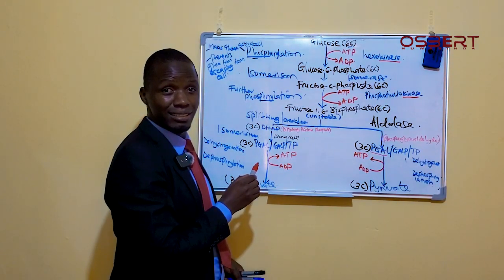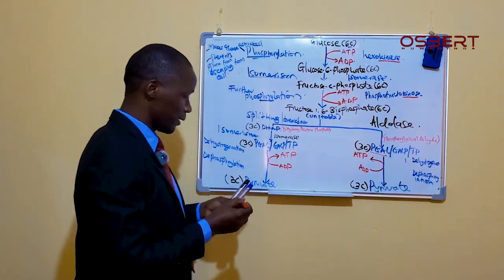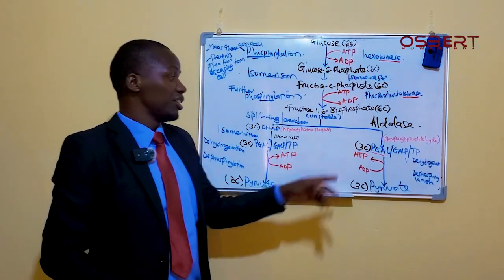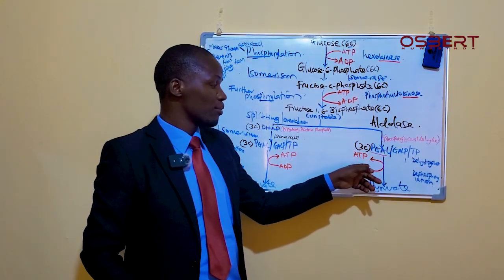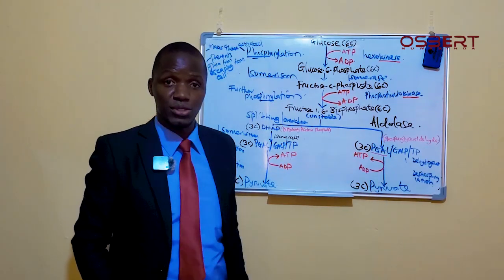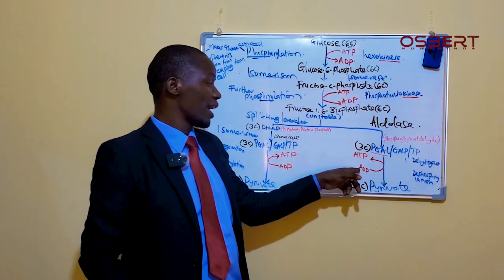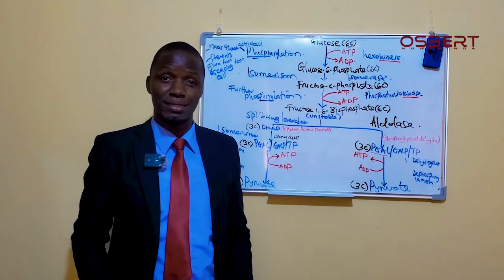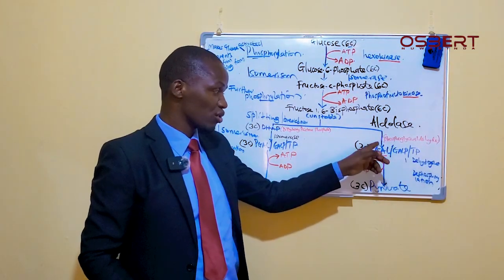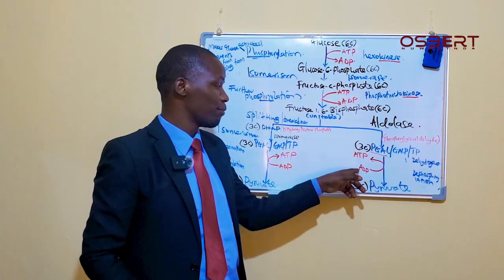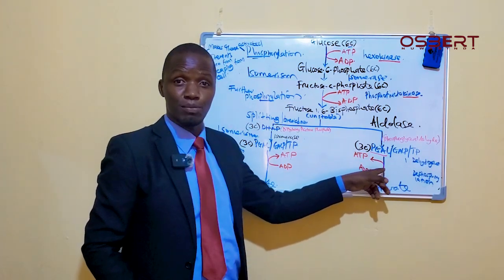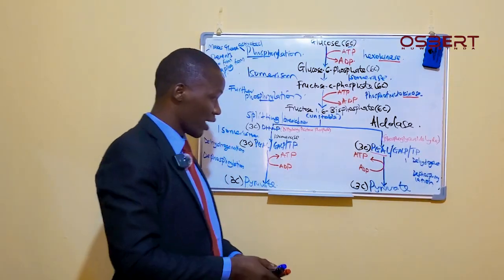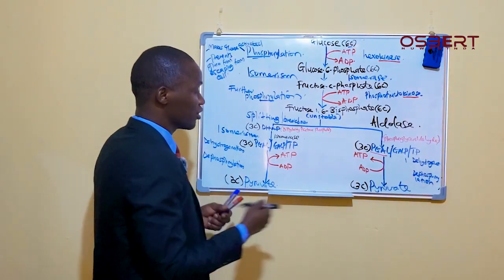Hope that is clear. Okay, now during this series of reactions, this step where ADP is picking a phosphate from ATP occurs twice, and that's why I put 2 here.